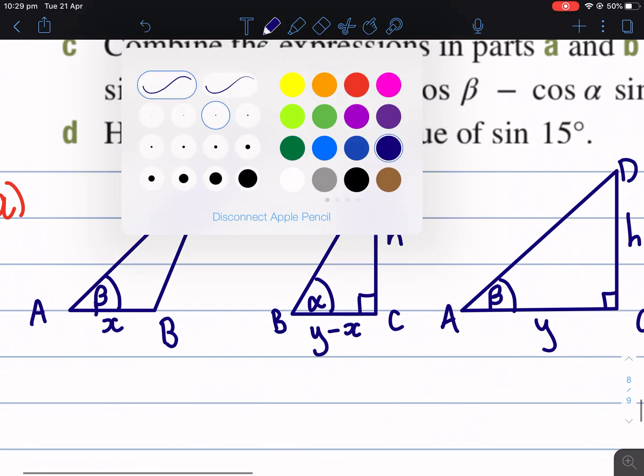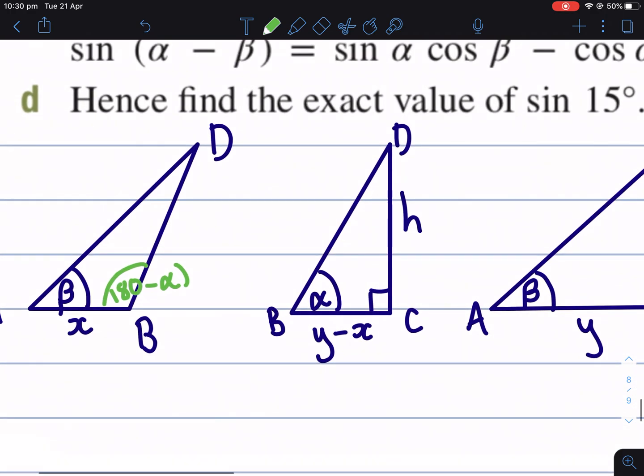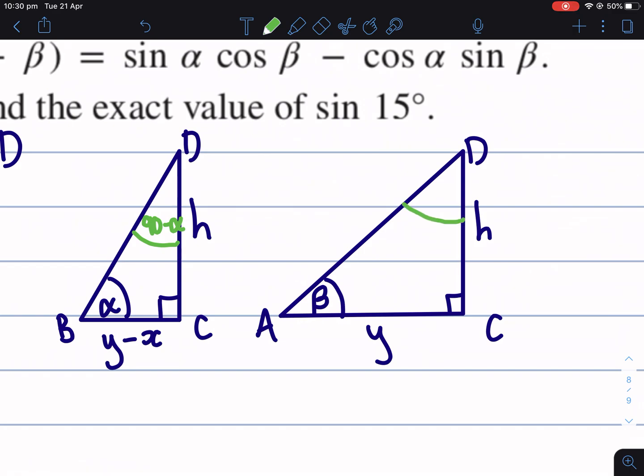And this angle here would be 180 take alpha. This angle here, 90 take alpha. This angle here, 90 take beta.